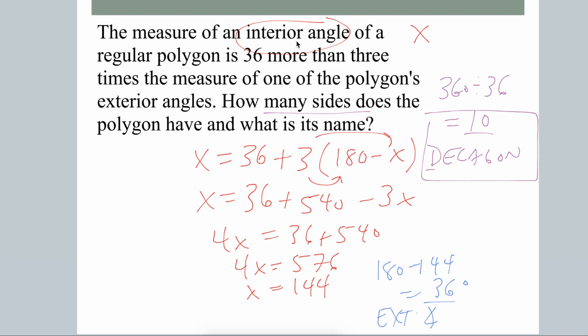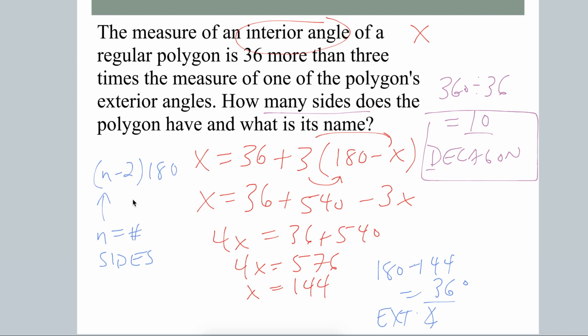Now, if you recall, with interior angles, the interior angle sum of any polygon is n minus 2 times 180, where n is the number of sides, right? So let's say I have 10 sides, 10 minus 2 times 180.